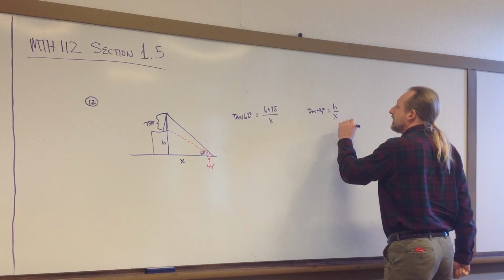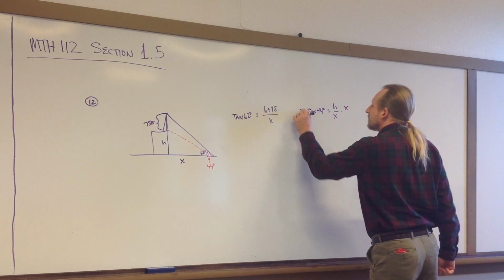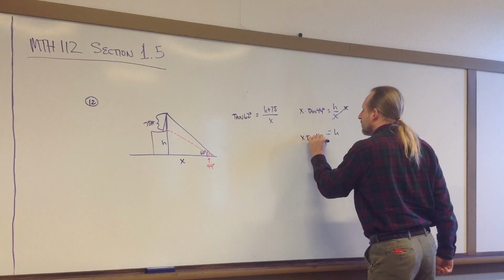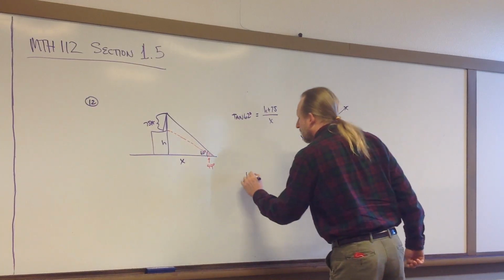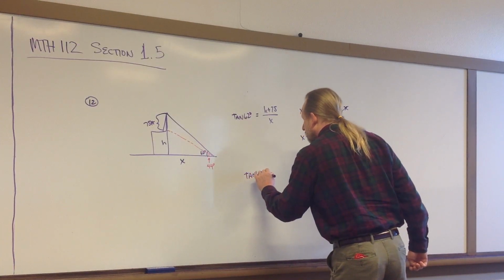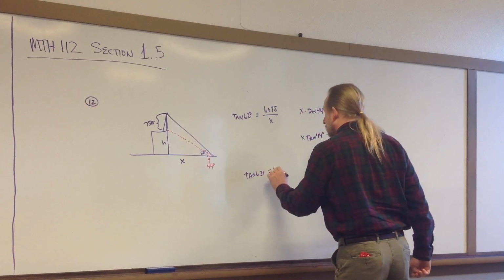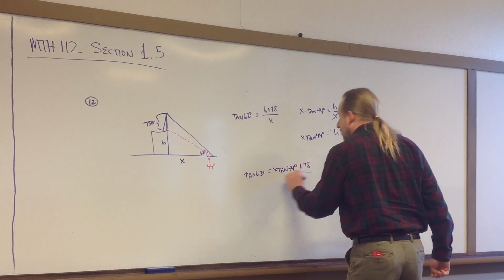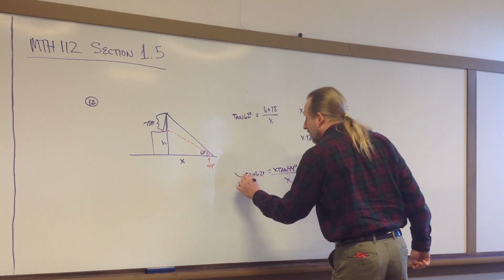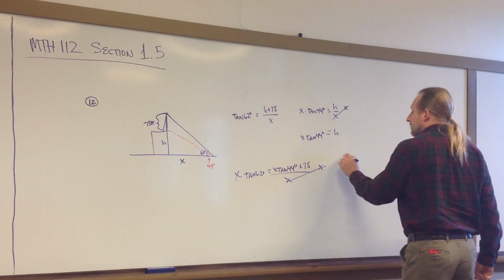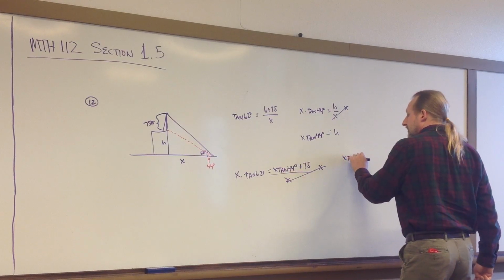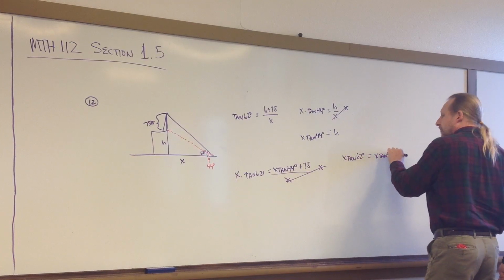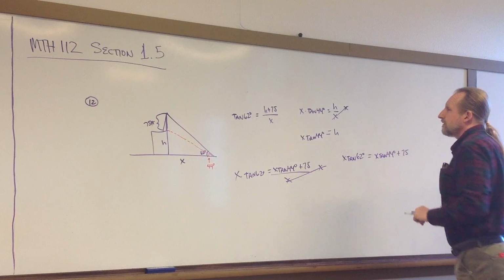It doesn't matter in this case. I'll do something similar to what I did last time. h is x tan 44 degrees. So we'll bring that over here and say tangent of 62 equals x times the tangent of 44 plus 75 divided by x. Multiply on both sides by x. And I get x times the tangent of 62 equals x times the tangent of 44 plus 75.